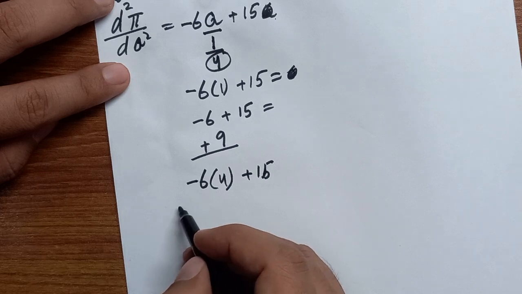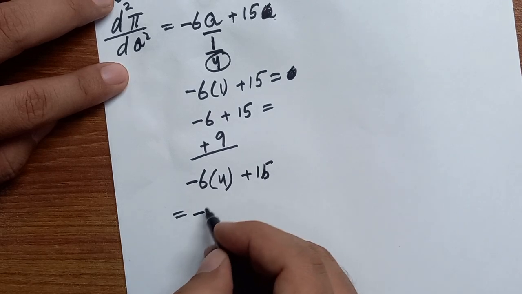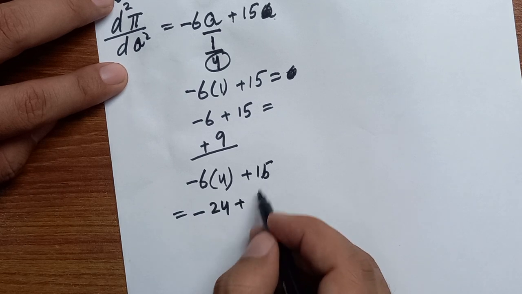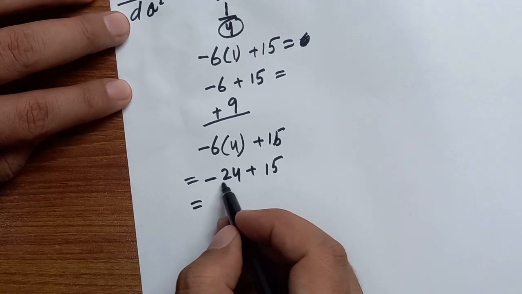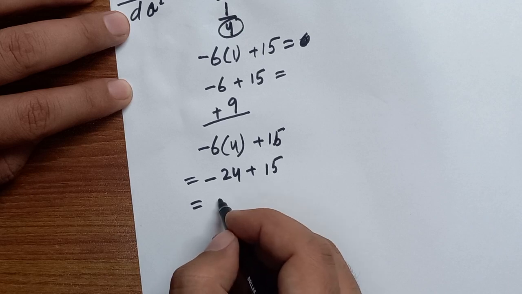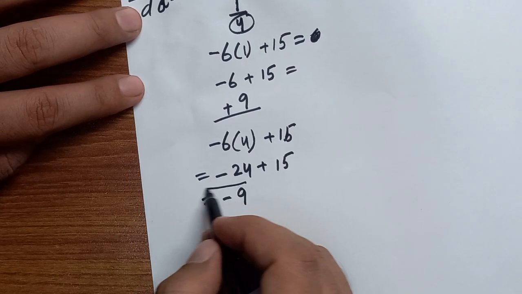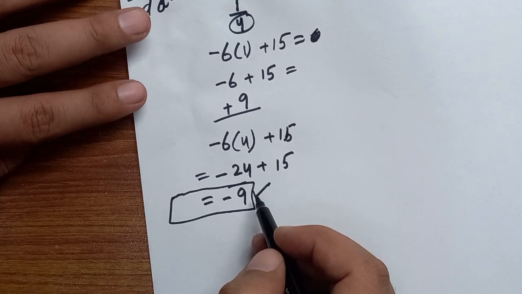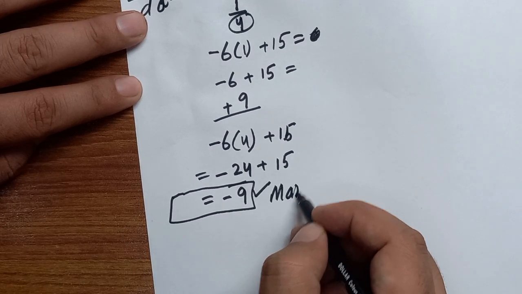So it will be minus 24 plus 15. We have the bigger number with minus, so it will be equal to minus 9. Minus 9 is the good answer, because this is negative and it will be maximized.